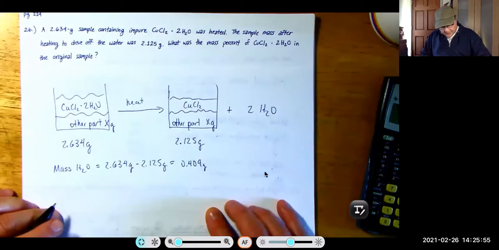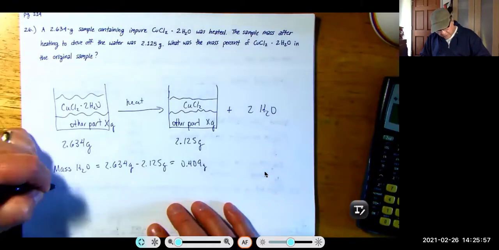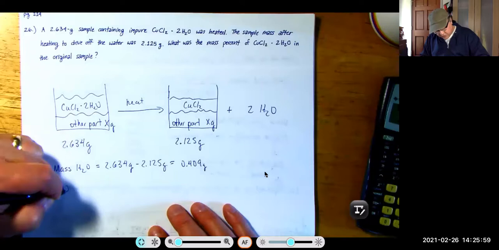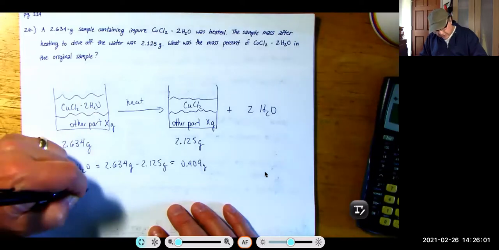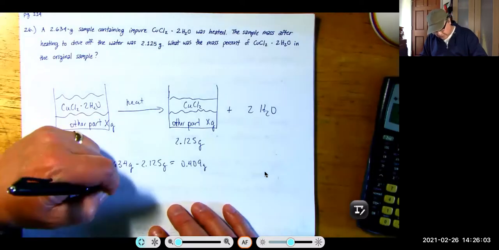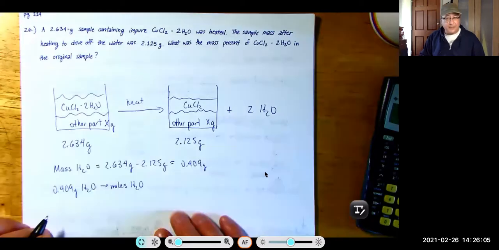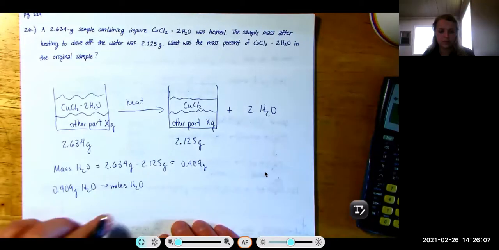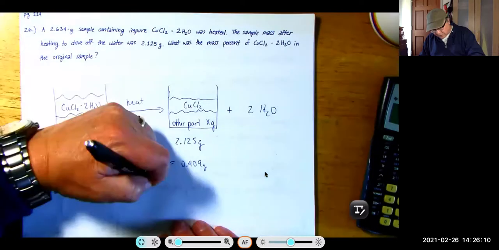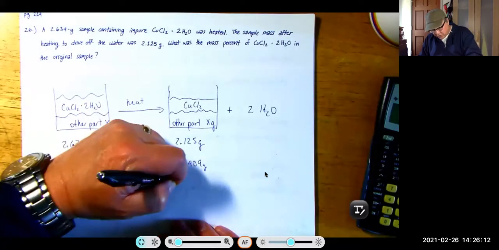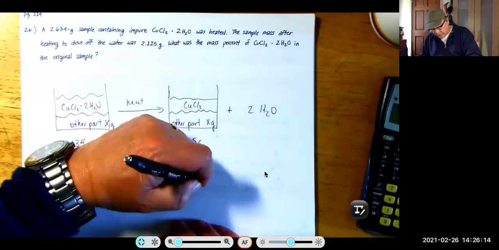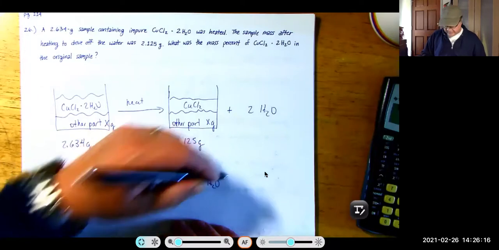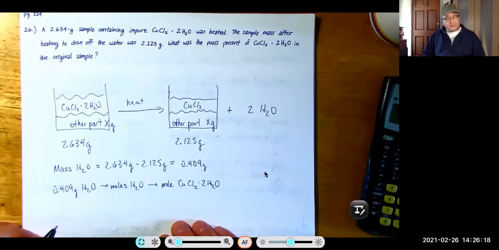Can we take the 0.409 grams of H2O and turn that into moles of H2O? Yeah. Can we take the moles of H2O and turn that into moles of copper 2 chloride dot 2H2O? Well, let's find out.